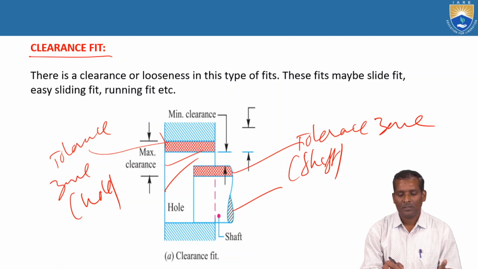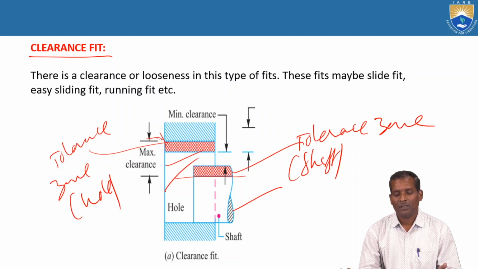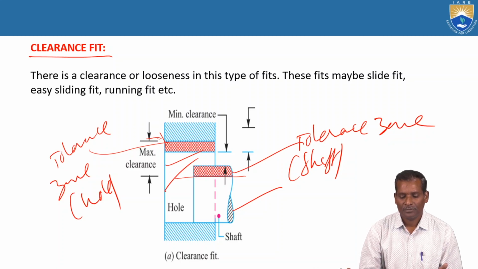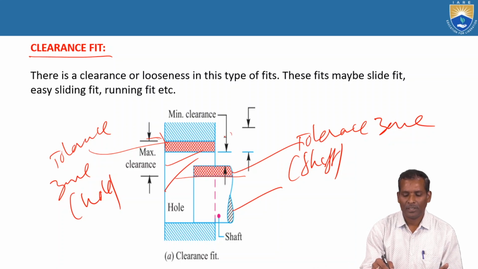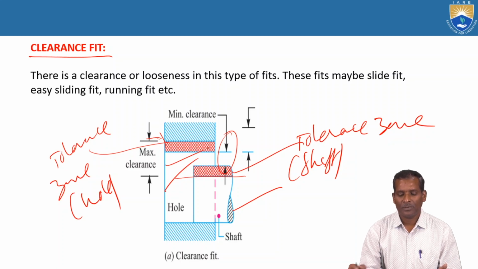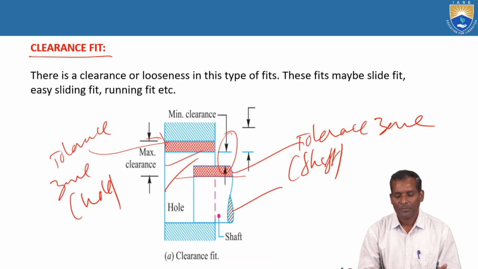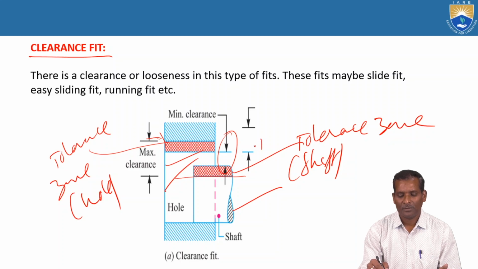So here is the maximum clearance and the minimum clearance. This is tolerance or allowance.